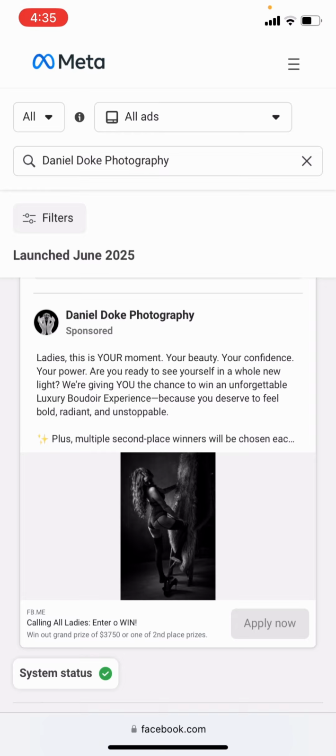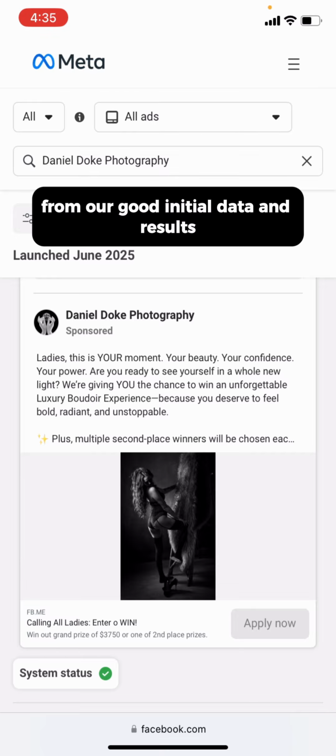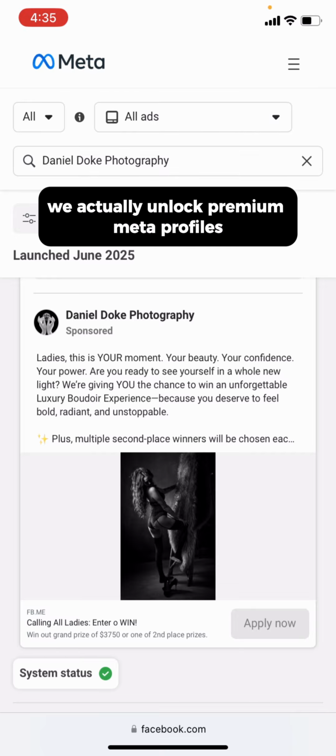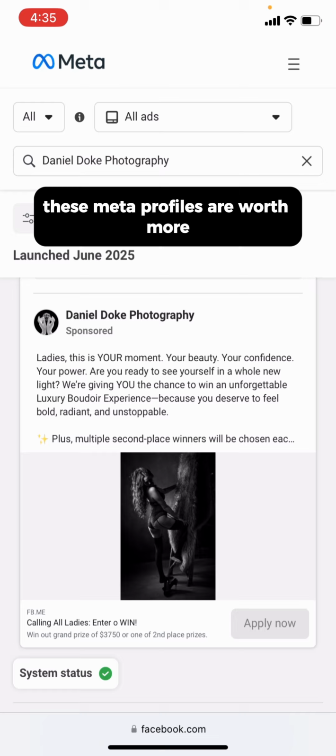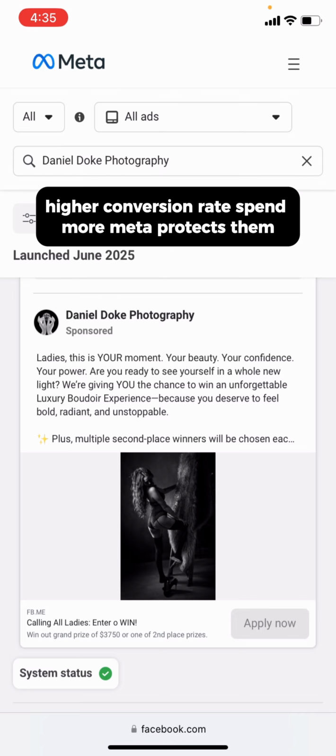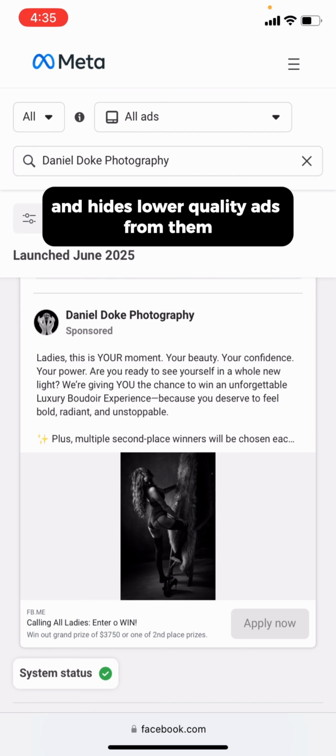And from our good initial data and results, we actually unlock premium meta profiles for tranche 2, basically premium placements. These meta profiles are worth more, have a higher conversion rate, and spend more. Meta protects them and hides lower quality ads from them.